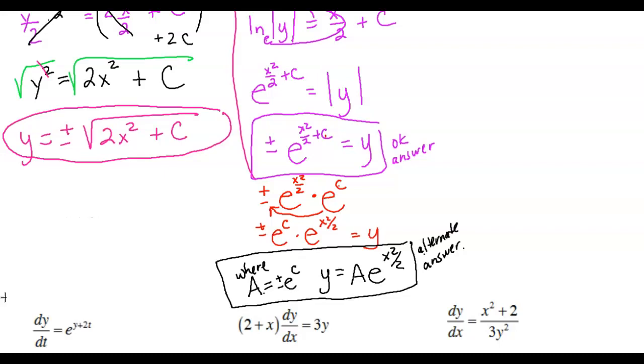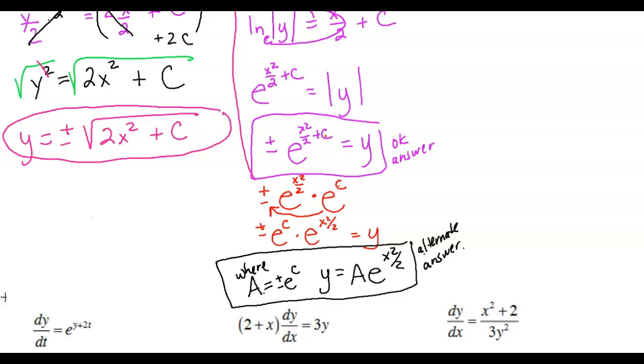So these two have to go together. You can't just say, oh, let it be A. I guess mathematicians just don't like having plus and minus. They just like it to look a little neater. They like it to look like exponential growth and decay, because that's what the next section is. And so that's where we're kind of leading you, just so you know why. So just be familiar with that idea.